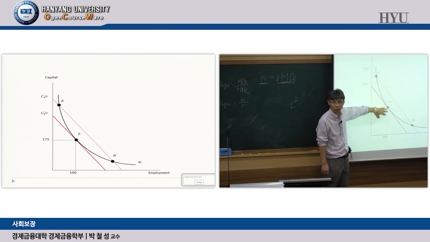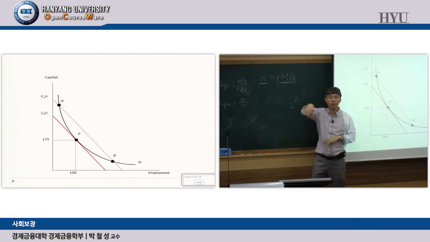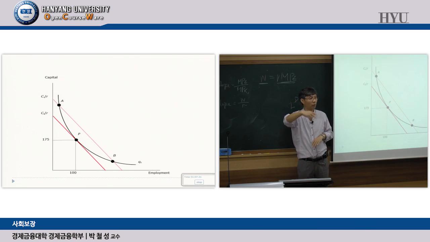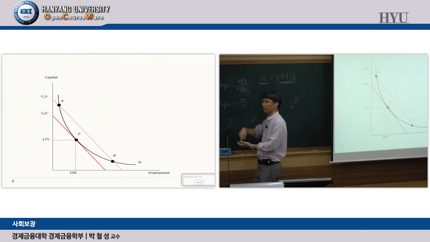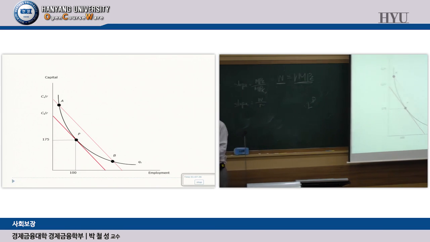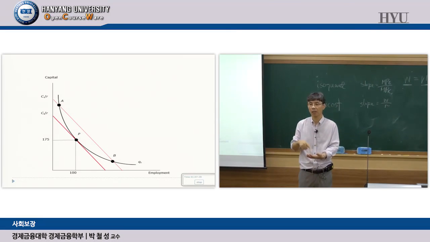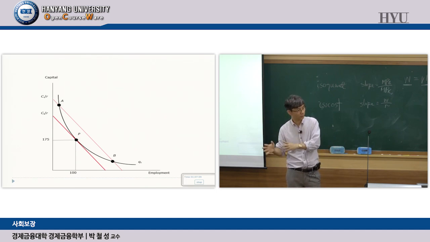So given Q0, you can draw the relationship between wage and labor input. We call it the conditional labor demand curve because it is conditional on the output size. This labor demand curve is valid only when the desired output is Q0, 10,000 units. If you have different units, then you will have a different conditional labor demand curve.